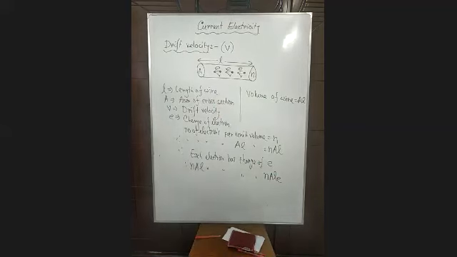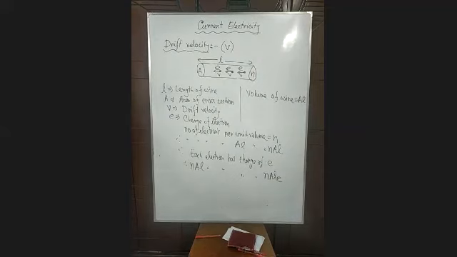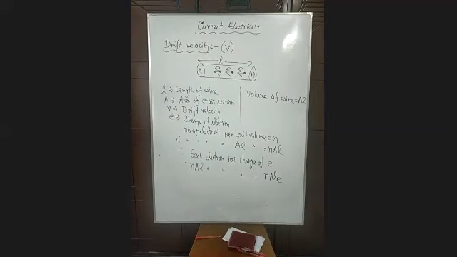So here I get the total charge of this conductor, and that is nALe. These are some mathematical expressions in a wire. So the total charge in a wire is nALe.